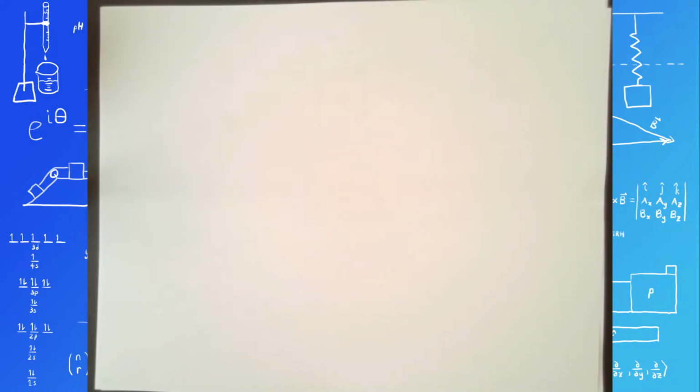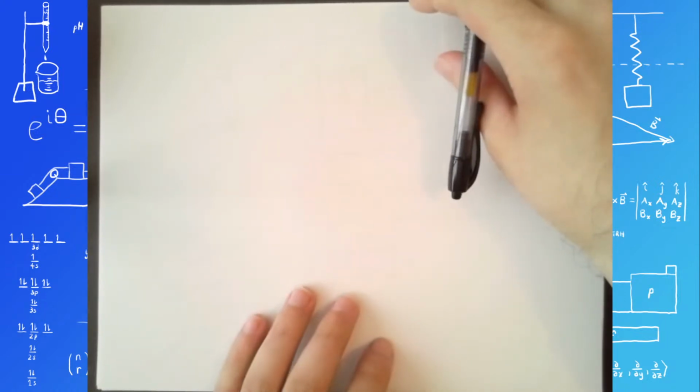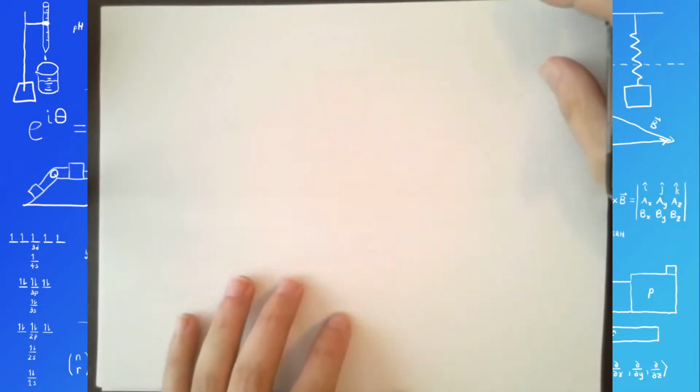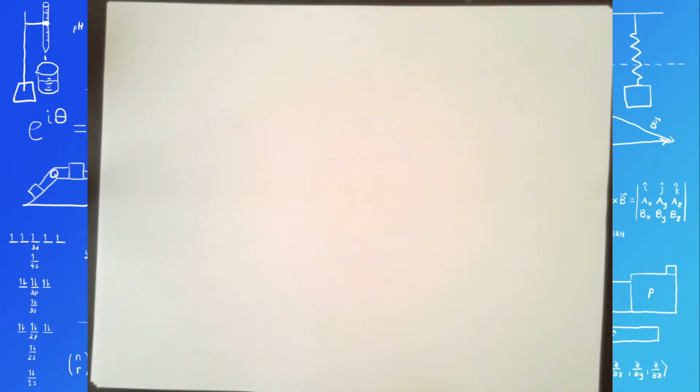So let's go ahead and see what I can do here. Copy that diagram. First and foremost, let me actually grab my ruler so that I don't screw this up.